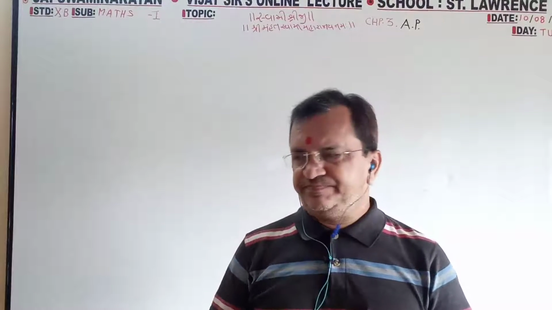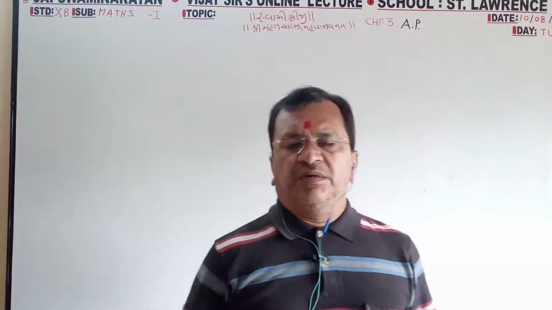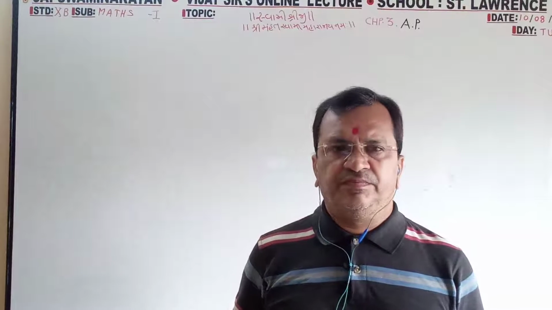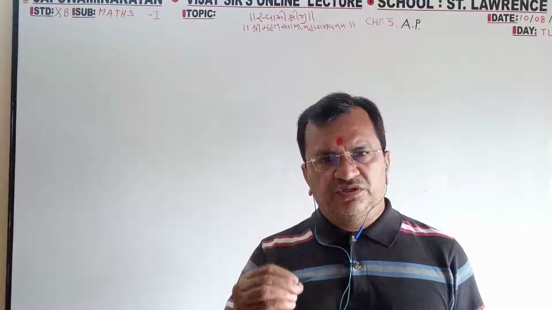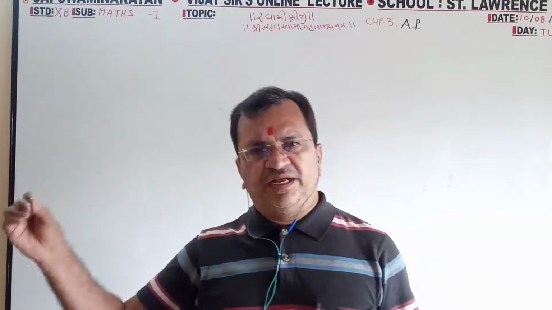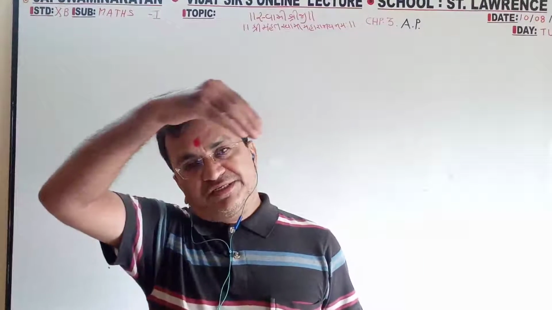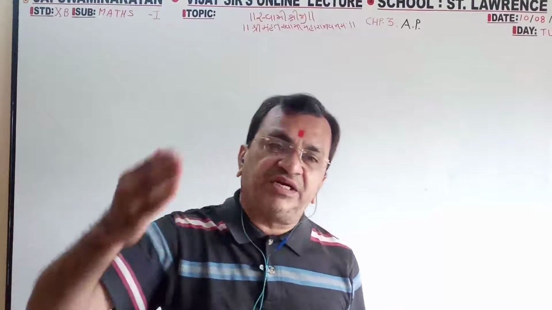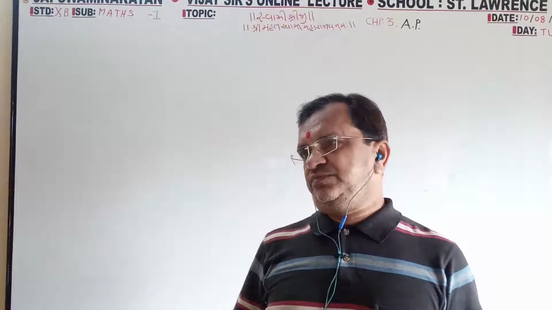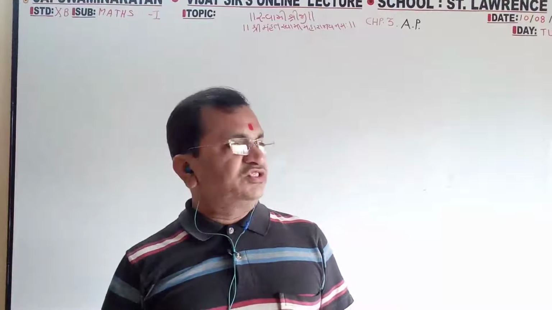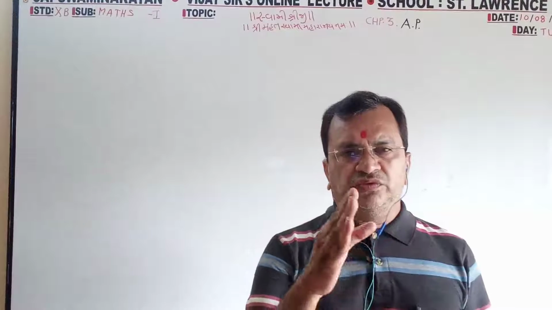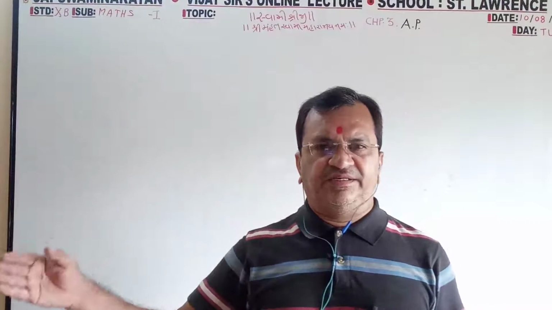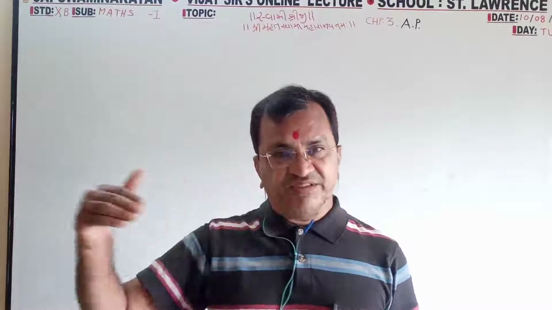Then odd natural numbers 1, 3, 5, 7, 9, and so on. It is a particular type of series in which the difference is 2. Natural even numbers 2, 4, 6, 8, 10, again the difference is 2.